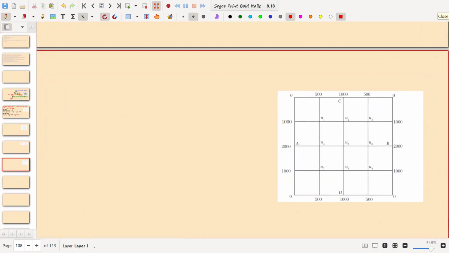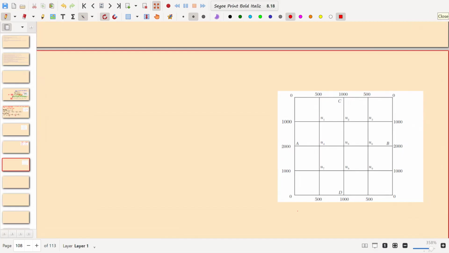Let us consider this example. So this is your region R, a rectangular grid. In the grid, you have been given the value of u at the boundaries. Can you see that? On the boundaries you have the values of u: 1000, 2000, 1000, top 500, 1200, like that.